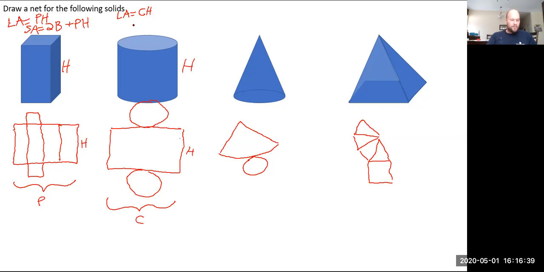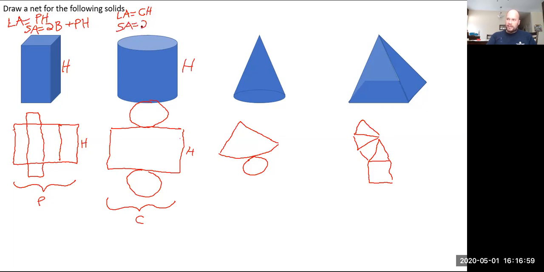Now, we can plug a lot of stuff in here. In fact, since we have a circle for the base, we can go ahead and plug in the equation for the area of a circle. So if we want to be more specific with this one, we can, because every single time we have the same formula for the base.